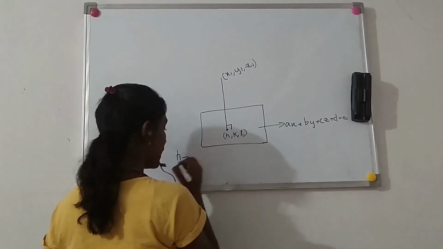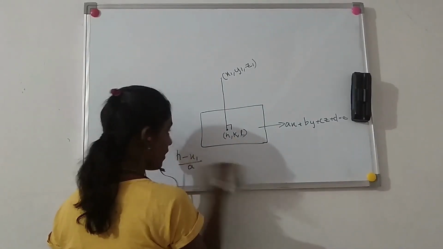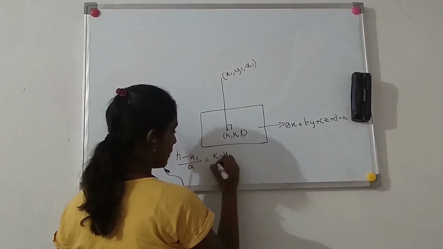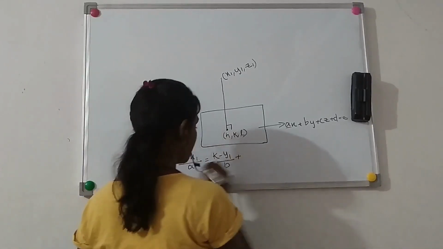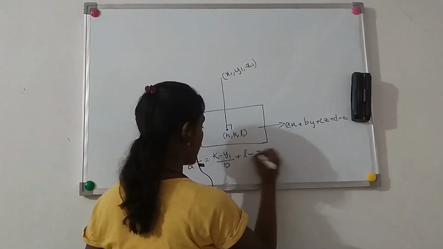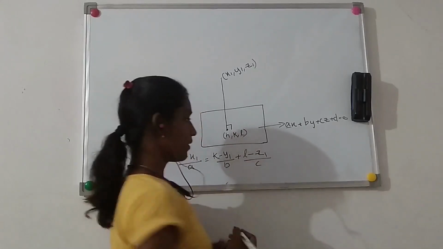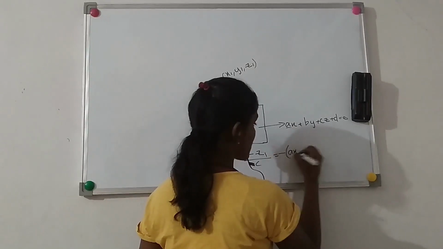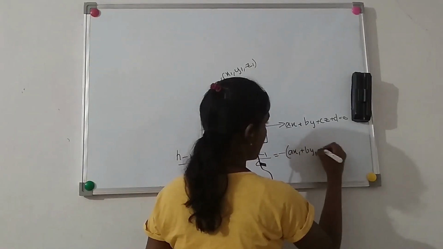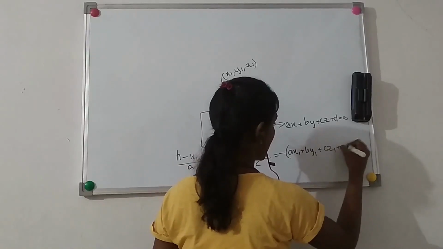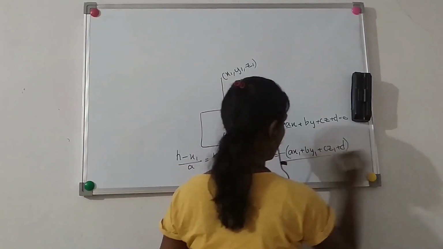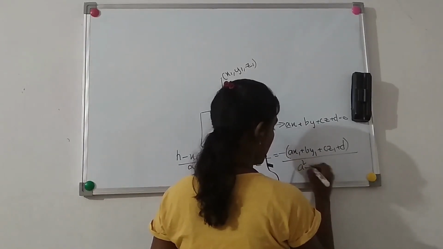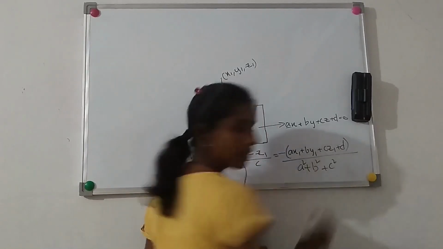So now the formula will be (h minus x1) by a is equal to (k minus y1) by b is equal to (l minus z1) by c, that is equal to minus of (ax1 plus by1 plus cz1 plus d) by (a square plus b square plus c square).